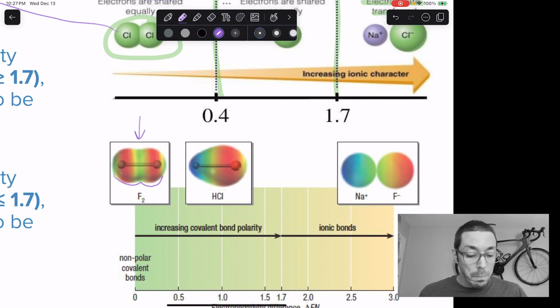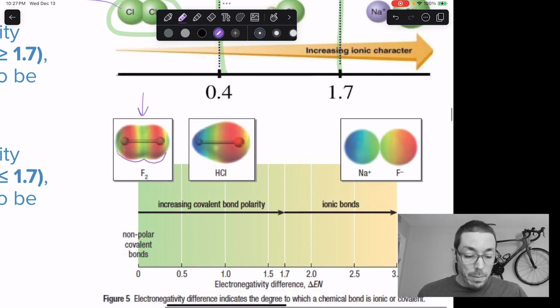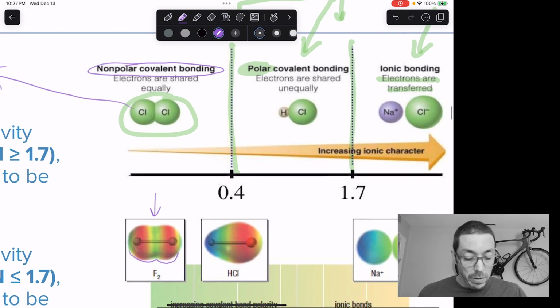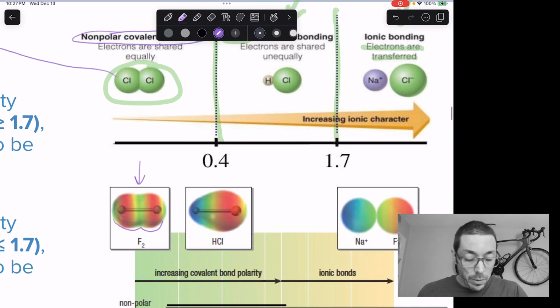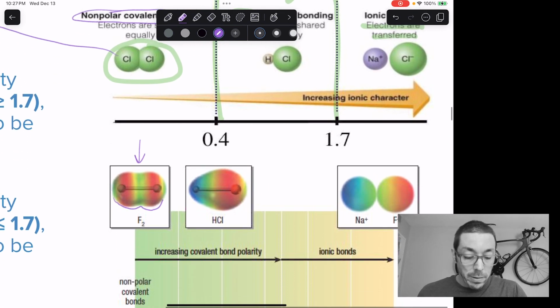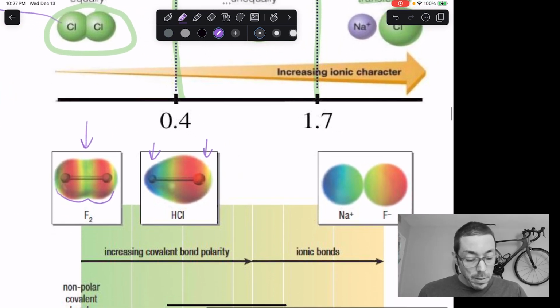HCl is quite polar, so it would be in the middle zone, a polar covalent bond. You can see that there is some difference here. There's one side of the molecule that's a little positive and the other side is a little negative. And then when you go to the extreme, the shift in electrons is so strong that fluorine actually pulls the electrons completely onto itself, which makes it an ion.